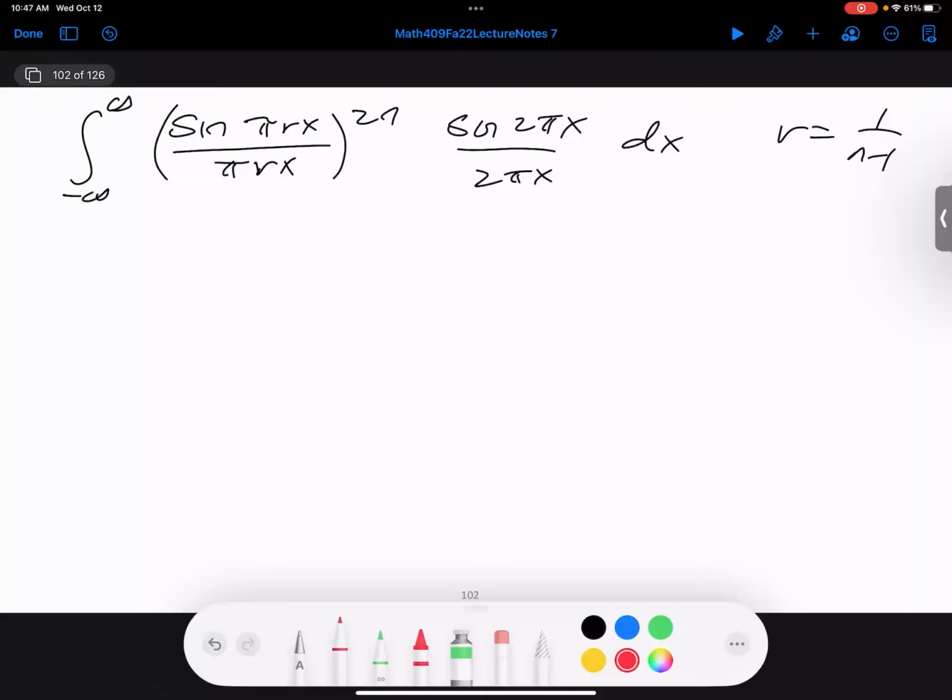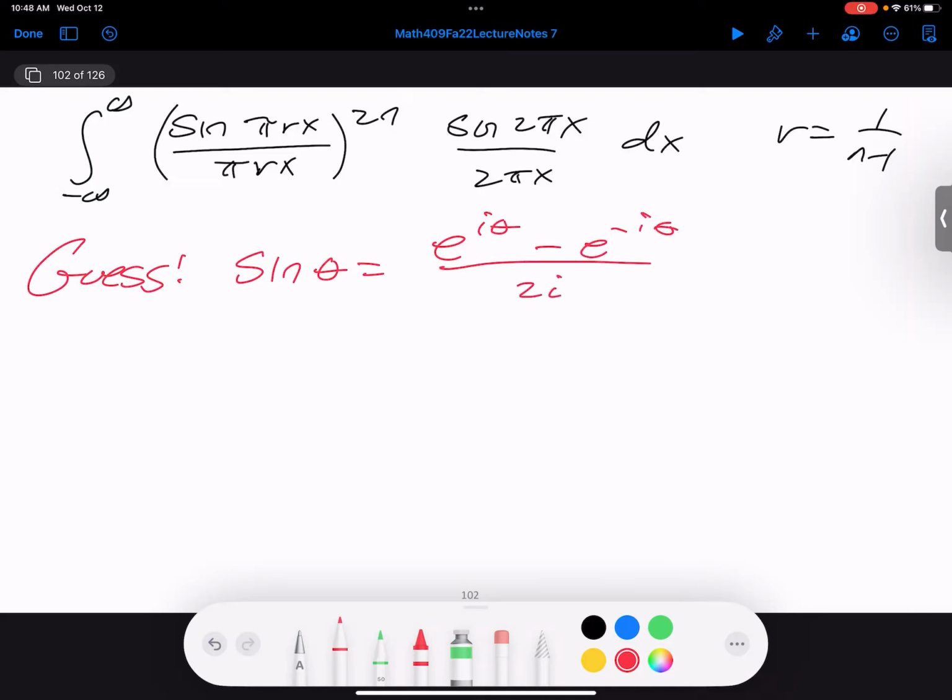And my guess is, we can write sine of theta as e to the I theta minus e to the minus I theta over 2I. And you can convert these to exponentials. And then when you expand things out, you start looking at the Taylor series, it's only the negative one term that matters.